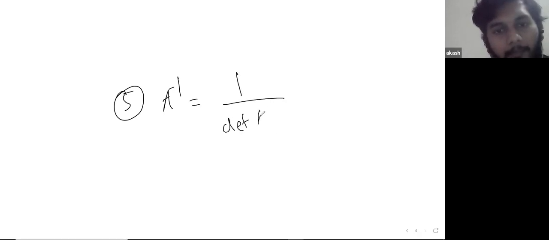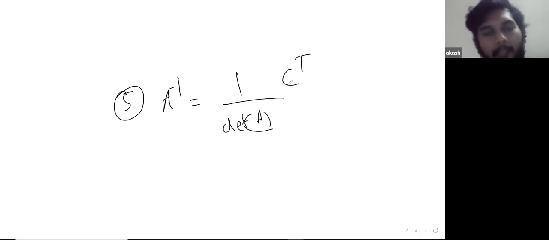A inverse is 1 upon determinant A times C transpose. C transpose is the matrix we just calculated. Okay. So this is how you calculate.